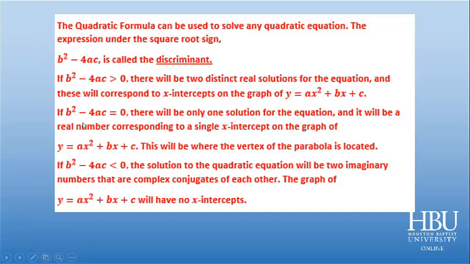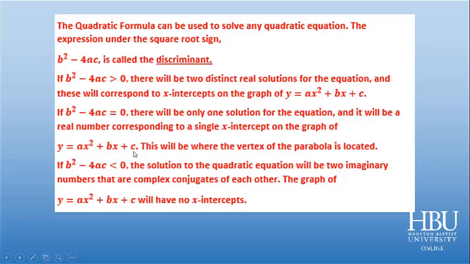If your discriminant, b squared minus 4ac, equals 0, there'll be only one solution for the equation, and it'll be a real number corresponding to a single x-intercept on the graph of y equals ax squared plus bx plus c.